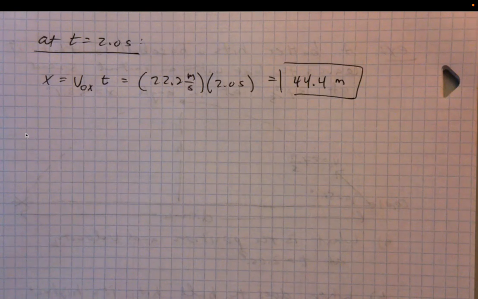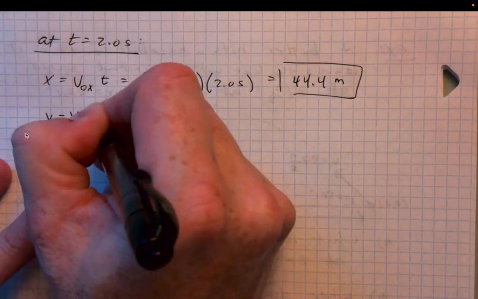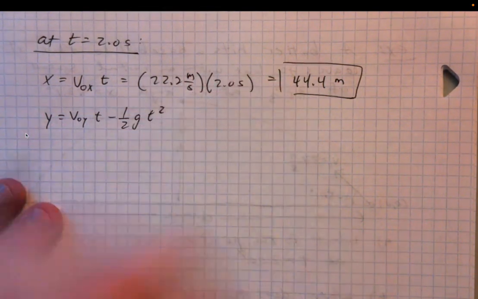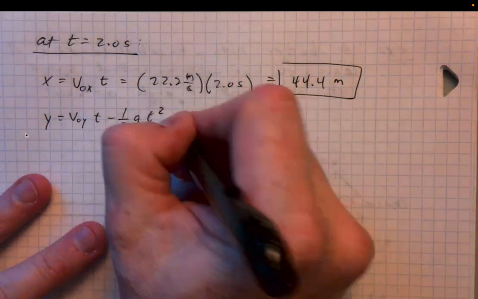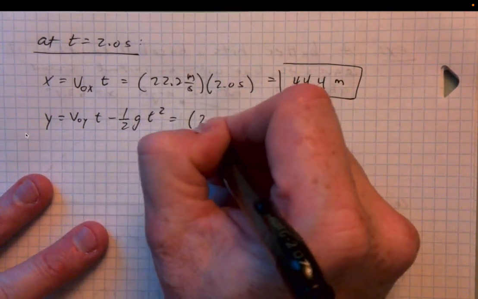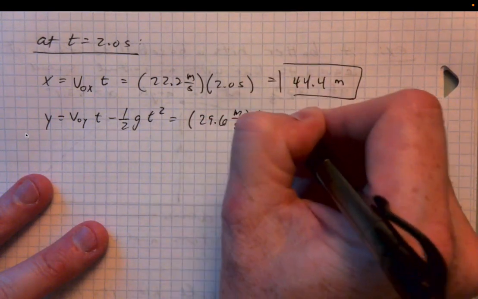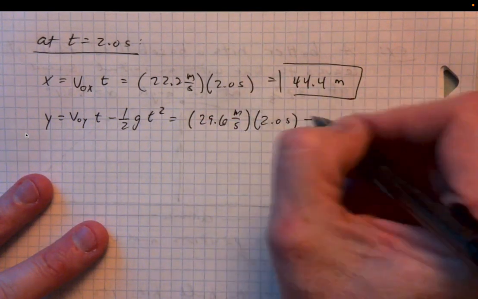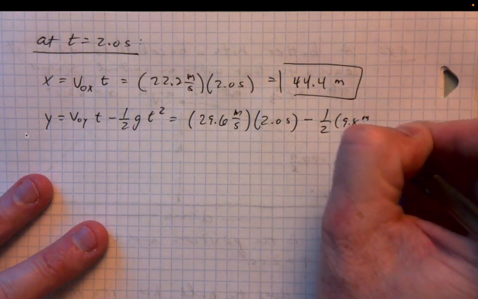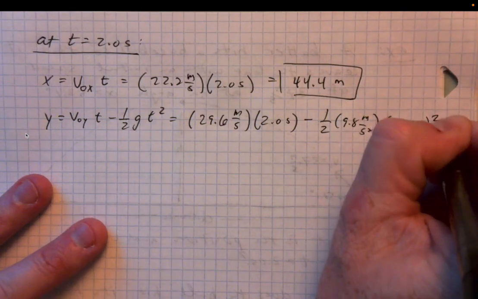Okay. What about the y position? So that'll be v naught y times t minus 1/2 g t squared. Okay, and so we can plug all of those things in, and we get v naught y, we just calculated as 29.6 meters per second, and then that's for 2 seconds, and minus 1/2, and then it's 9.8 meters per second squared times 2.0 seconds squared, right?